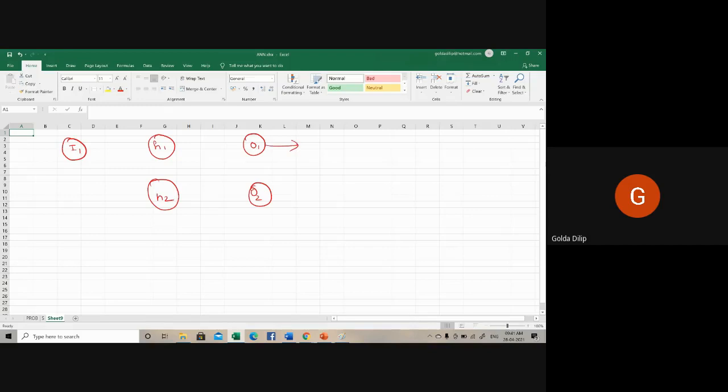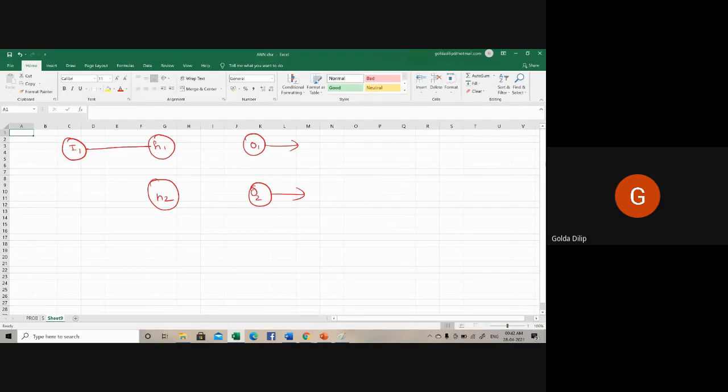When you have two output nodes, I told you how to compute the error. You compute the error as E1 and E2 and then take the average.